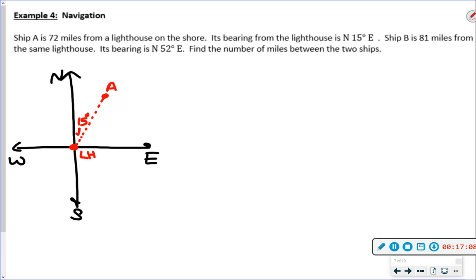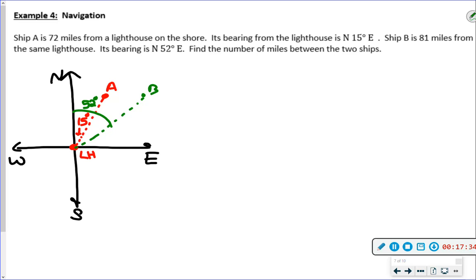I will label how far it is out there in a minute. But let's do ship B, 81 from the same lighthouse. Its bearing is north 52, a bigger angle, north 52 east. North 52 degrees. I'm going to say he's out here. So from here over is 52 degrees.